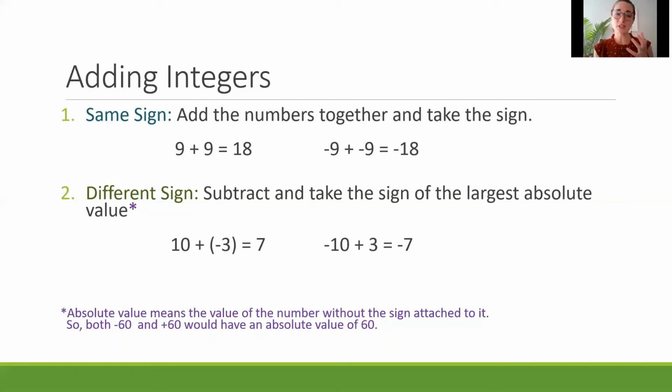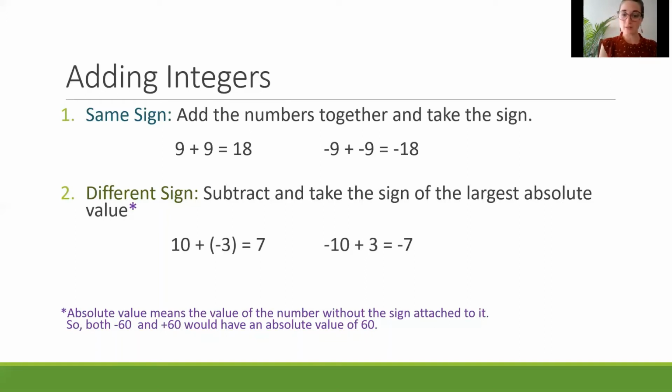Now, for addition and subtraction, it might also be easier to get these things into your mind if you think about them in terms of that number line. So let's imagine that you have that number line and you start on the far side at -10. Well, if you're adding +3, all adding is going to move you over to the right.